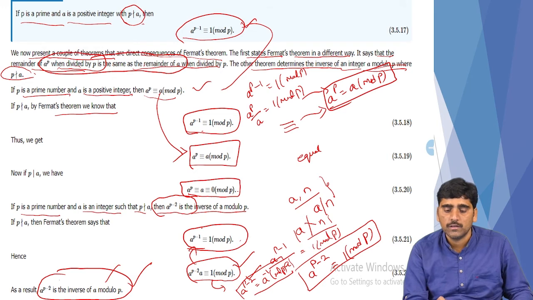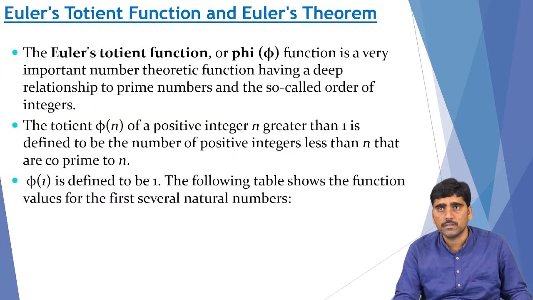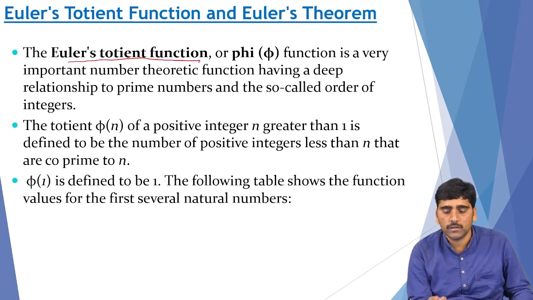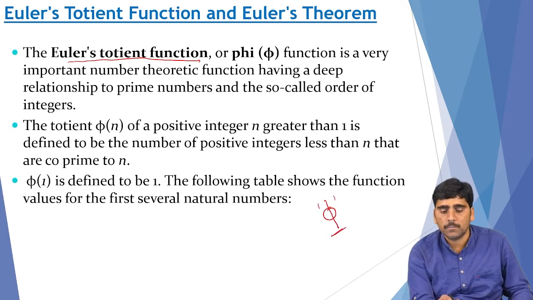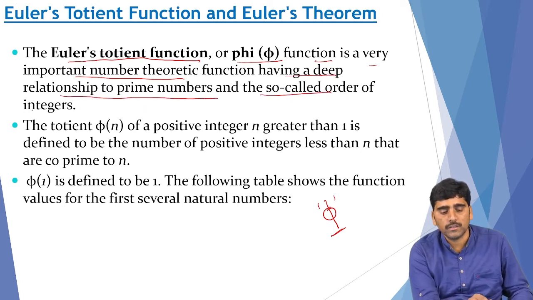Okay, fine. So the next one is we are going to find Euler's totient function and Euler's theorem. Euler's totient function is simply the symbol phi. Phi is a number theoretic function having a deep relationship to the prime numbers and the so-called order of integers.